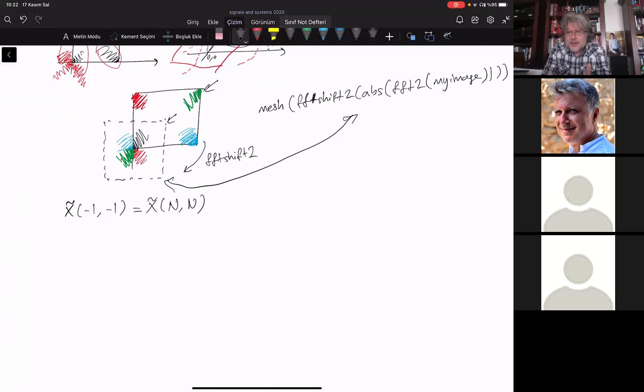So this kind of equality holds in the discrete Fourier transform, the DFT.